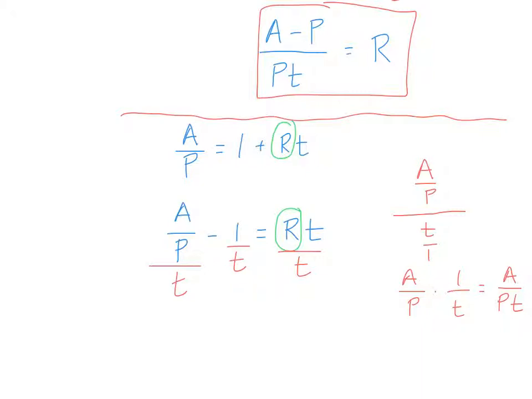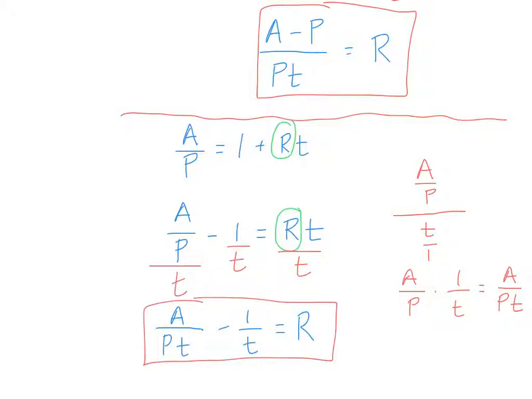So when we clean everything up, our final answer is going to be A over p times t minus 1 over t is equal to r. I think the first way was a little easier, but you can do it either way that you're comfortable with. And yes, those are the same answer.